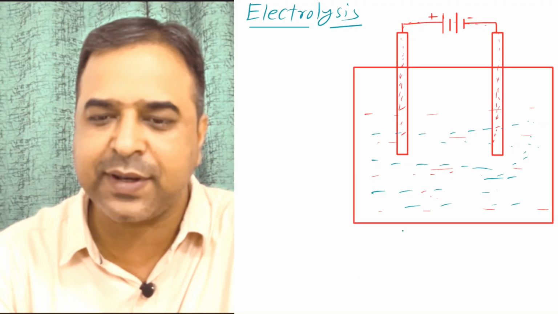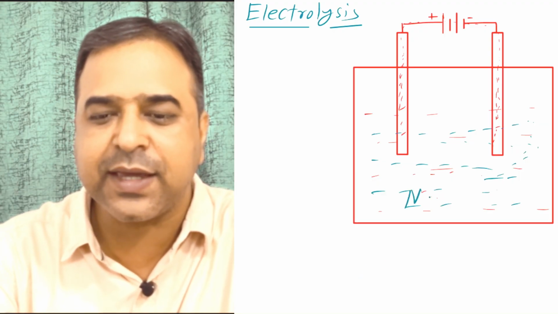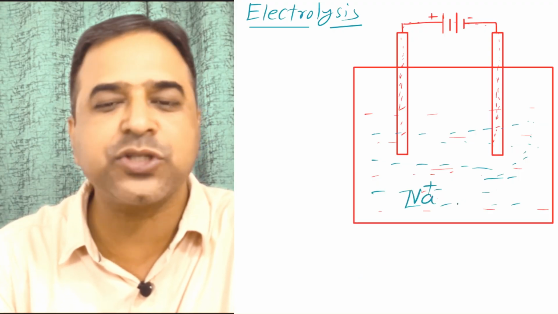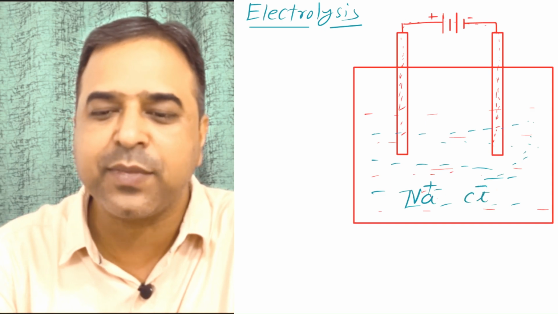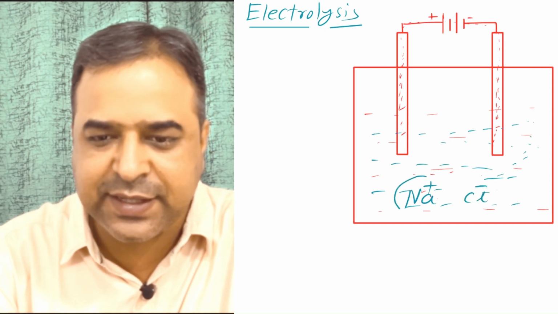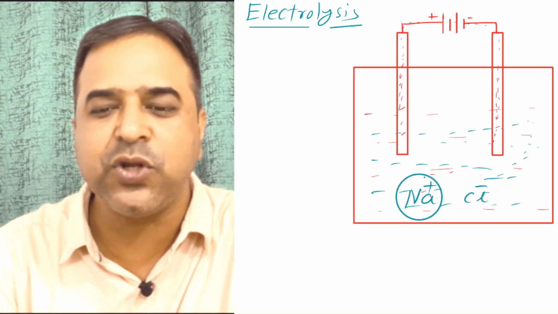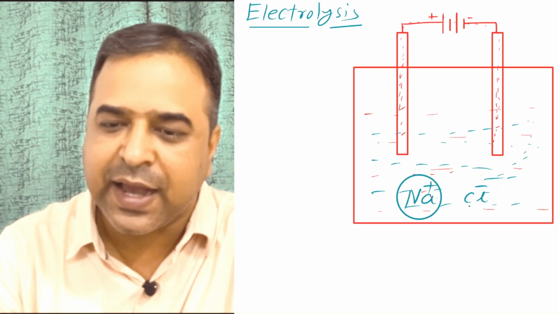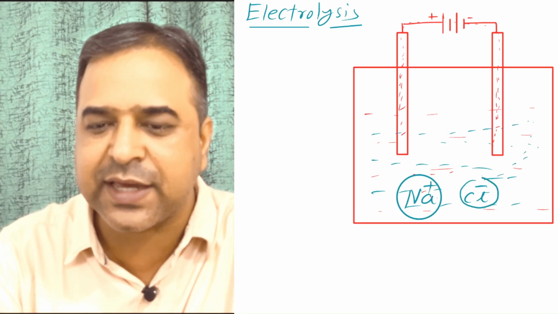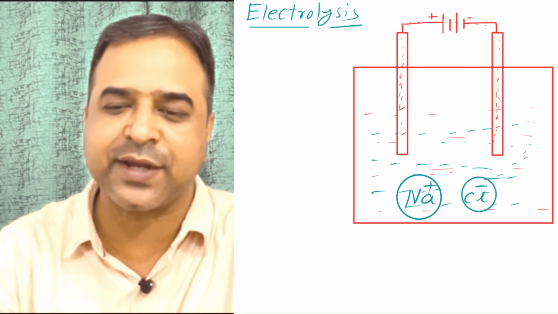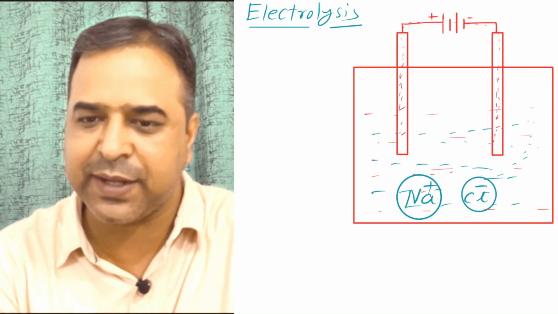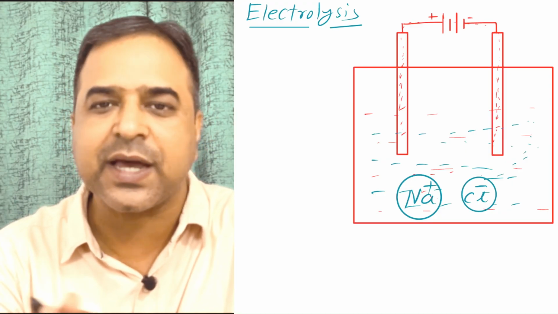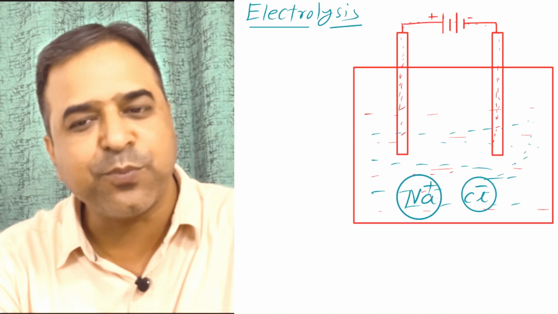For example, I can take here the solution of sodium chloride. You can see this sodium, due to donation of an electron, has formed a positive ion, and this chloride ion, due to acceptance of an electron, has formed a negative ion. Due to these ions, they can move.